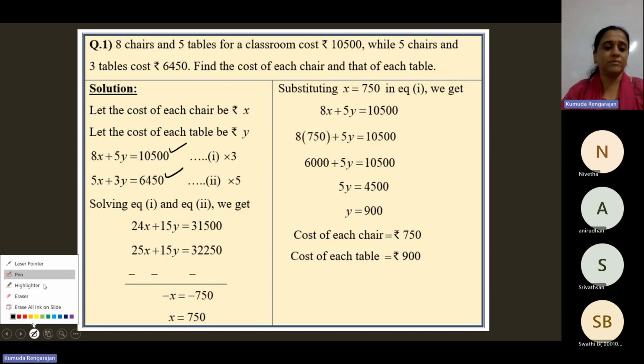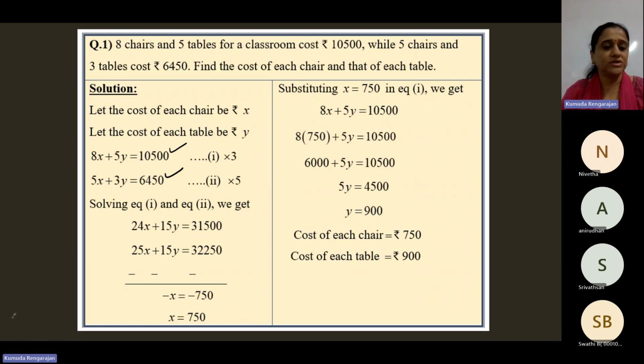So here we'll solve by the elimination method. To solve 2 equations by the elimination method, you will have to eliminate either the variable x or the variable y. And to eliminate the variable x or y, their coefficients must be the same, with same or opposite signs, but the numerical value should be the same. If you want to eliminate x, the numerical coefficient of x in the first equation and in the second equation should be the same.